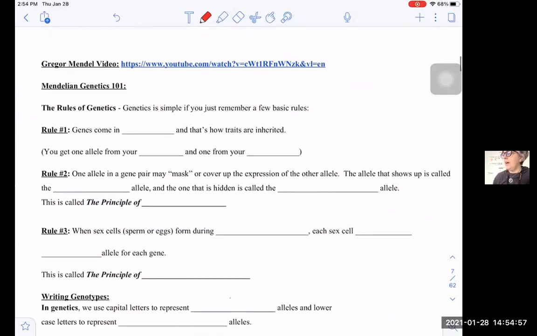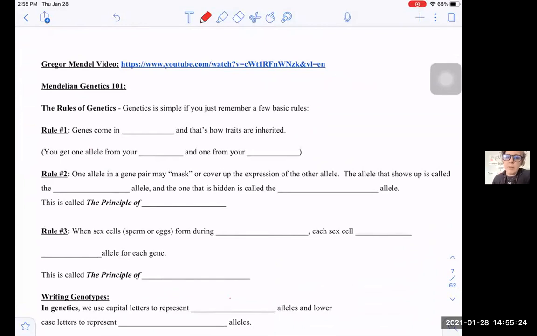All right, so now getting back to what I started talking about with my beautiful picture behind me here that I've drawn. We're going to talk about these terms now and take some notes on them. But to get us started, I want to show you a video and briefly mention who Gregor Mendel is. So Gregor Mendel, we call him the father of genetics.